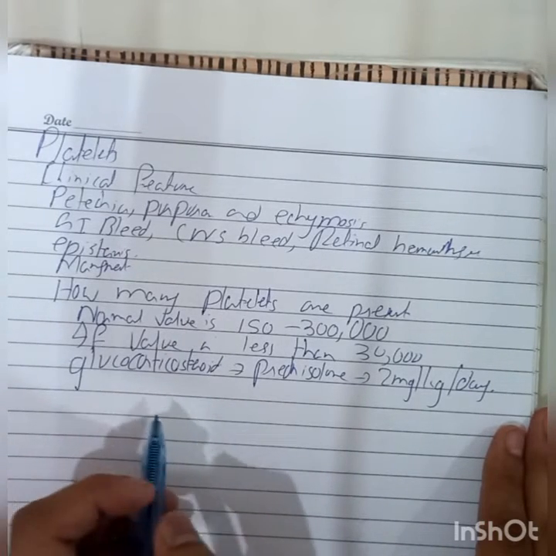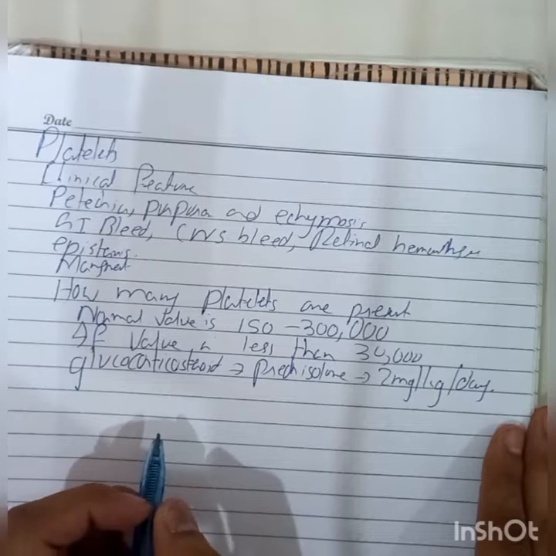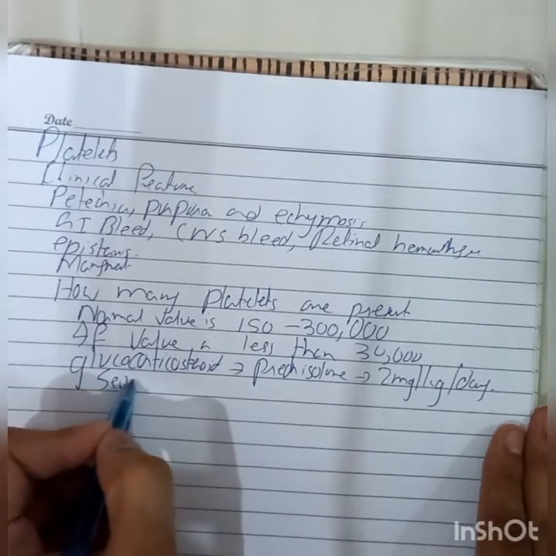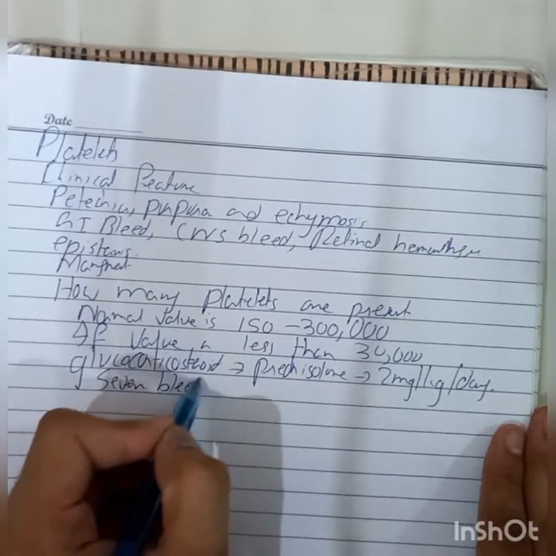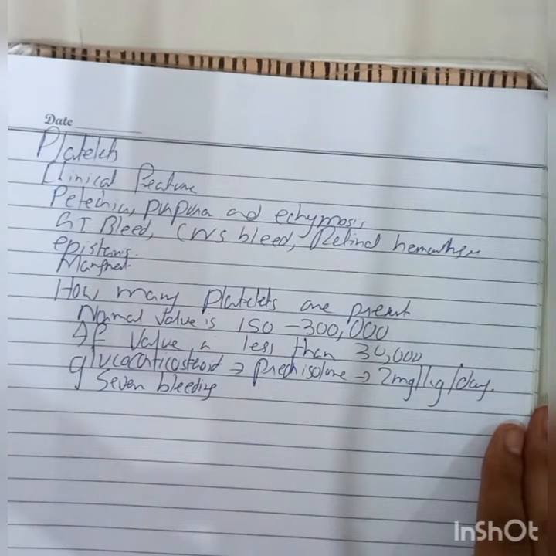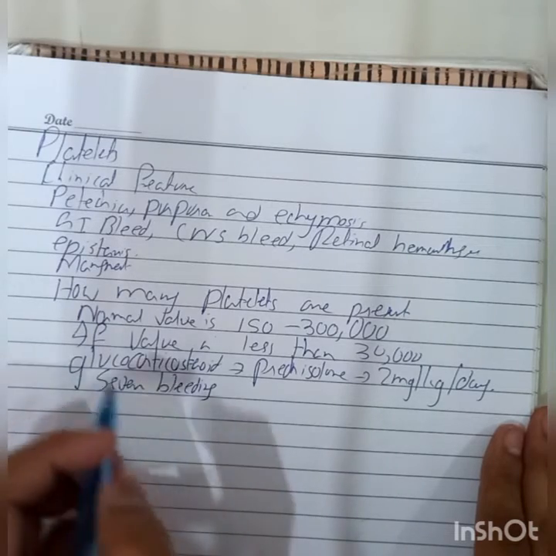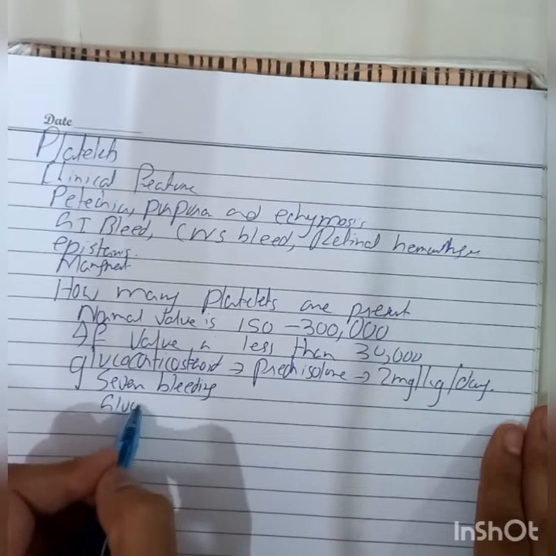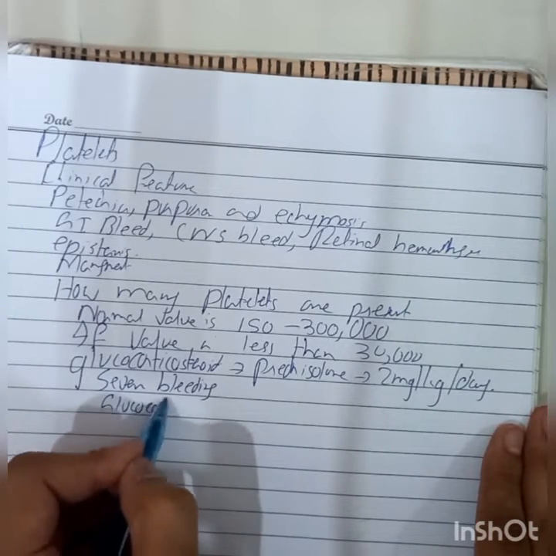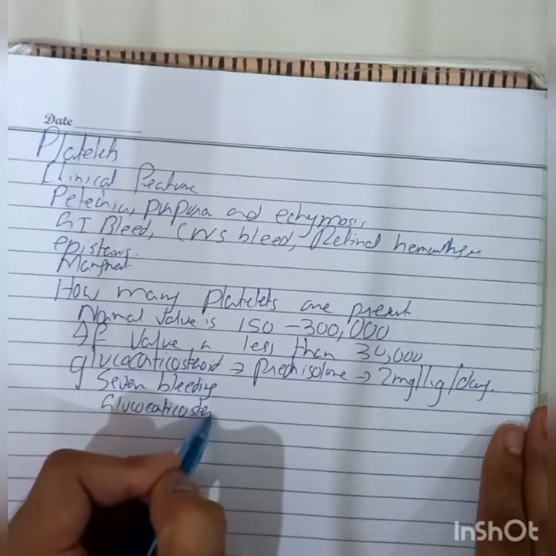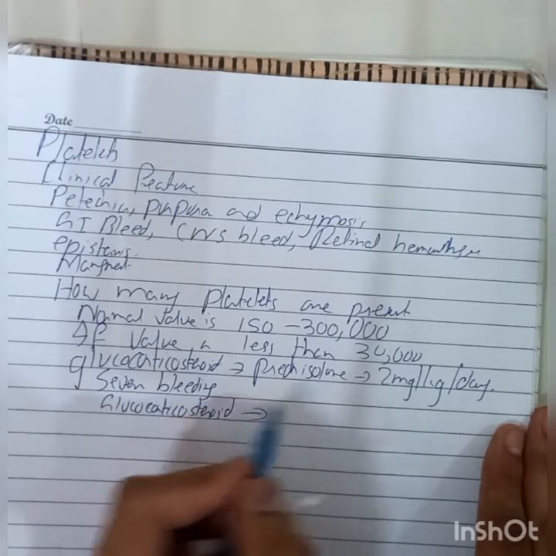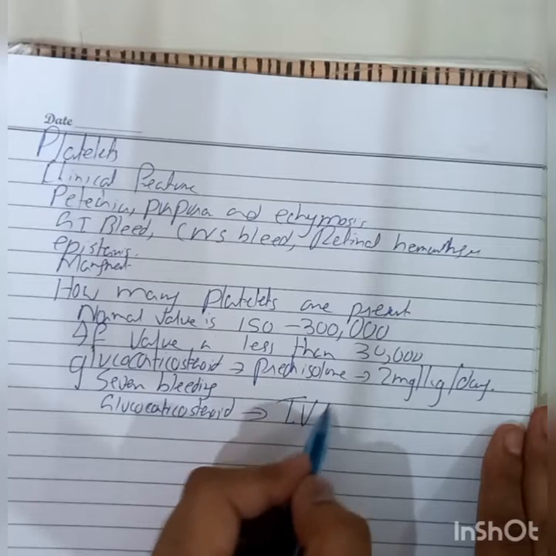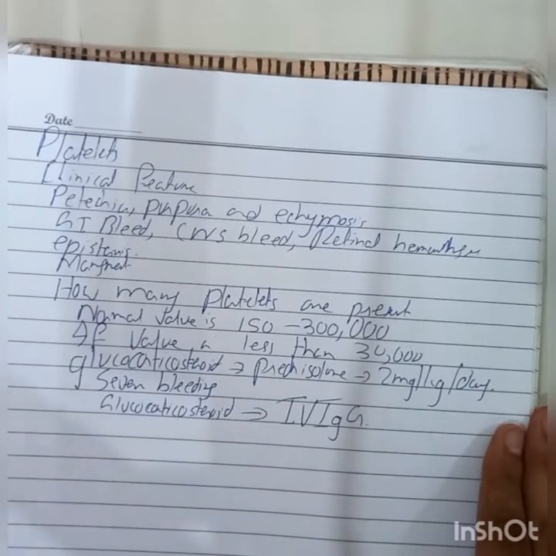But if the patient has severe bleeding, or bleeding from the CNS, or the GIT, or the retina, you have to give glucocorticosteroid, but it is not enough to give only glucocorticosteroid, so you have to give intravenous IgG. What happens?